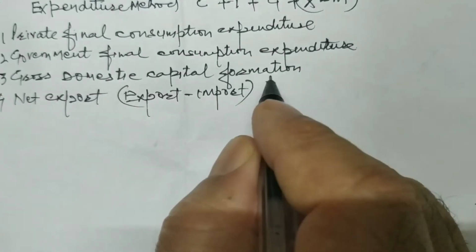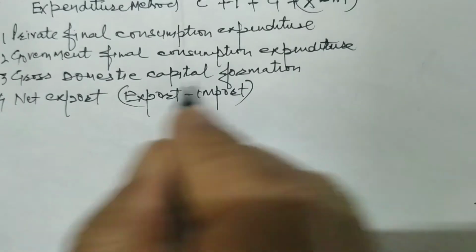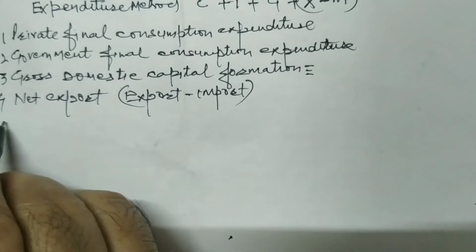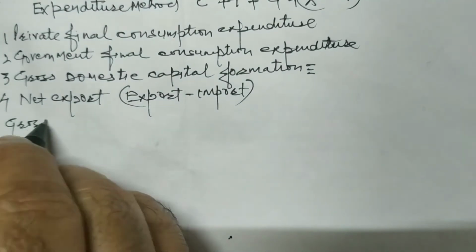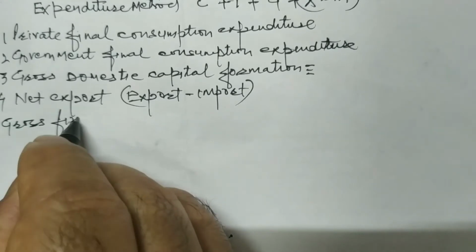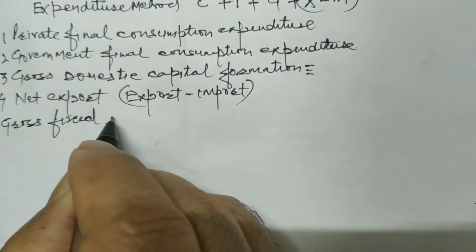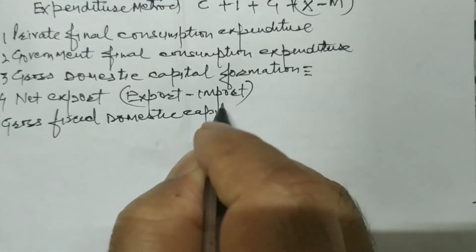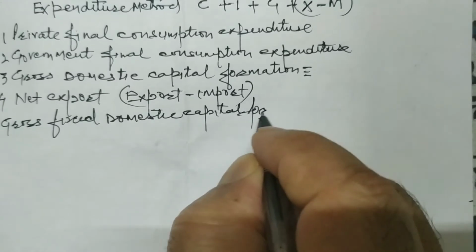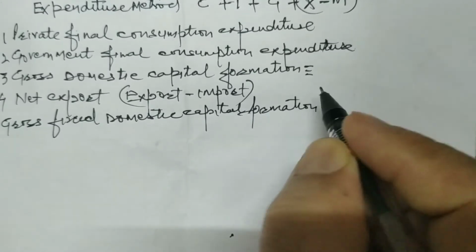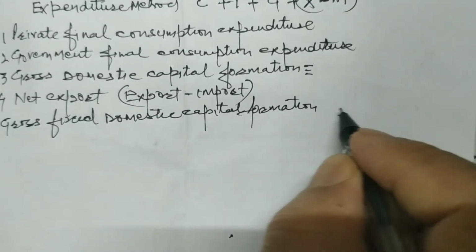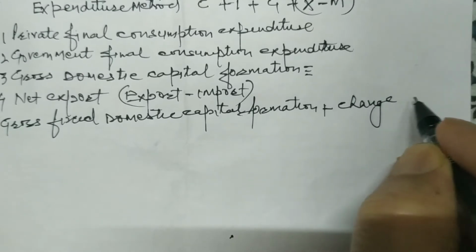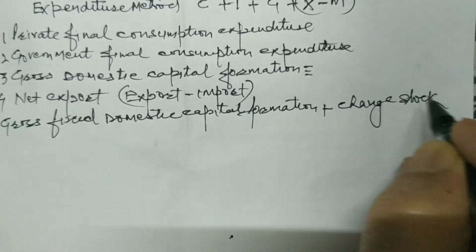Gross domestic capital formation is identical to gross fixed domestic capital formation plus change in stock.